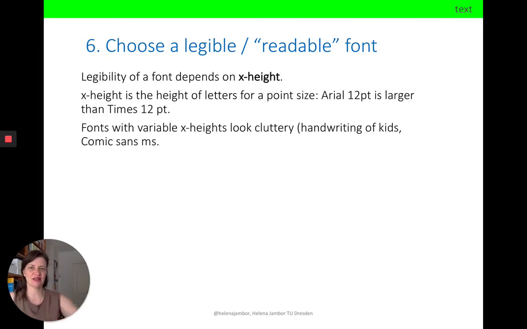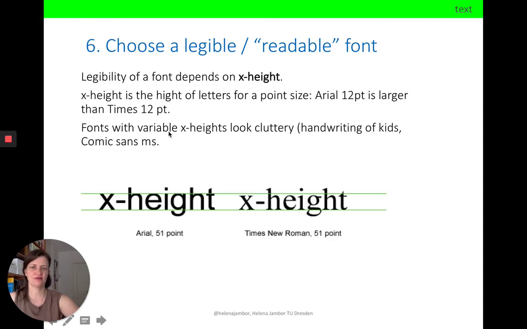What does the legibility depend on? It depends a lot on the X height of a font. The X height is the height of the letters at a given point size. For example, Arial 12 point is larger than Times 12 point. And this is shown here.